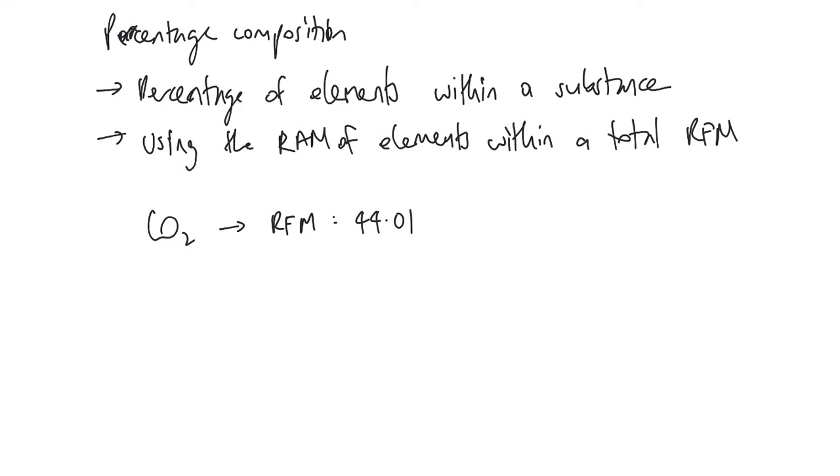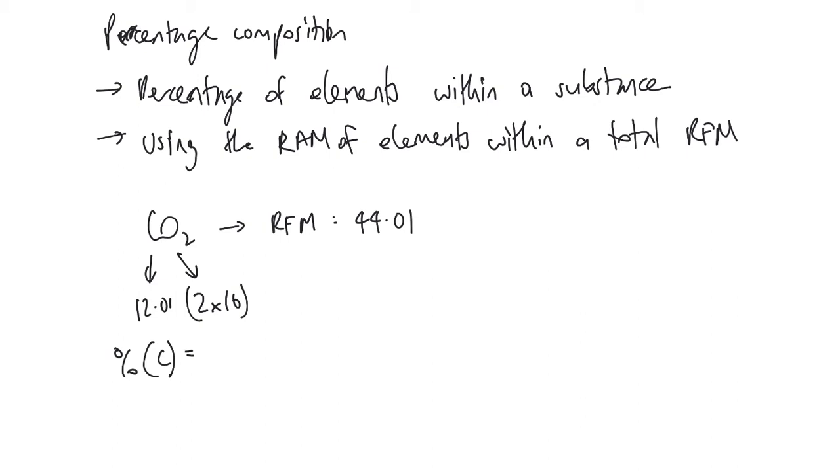Okay, but that's composed of two parts. It's composed of the 12.01 and the 2 times 16, the carbon and the oxygen. To work out the percentage composition, we would say, okay, what's the percentage composition of carbon?